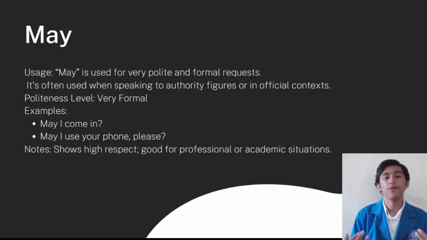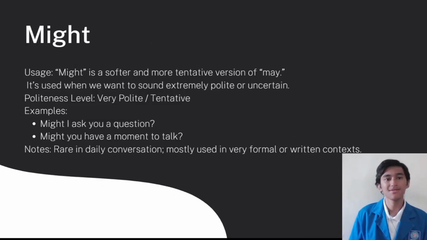And if you want to sound even more cautious or gentle, you can use might. Might is a softer version of may. It is used when we want to be very polite or when we are unsure.